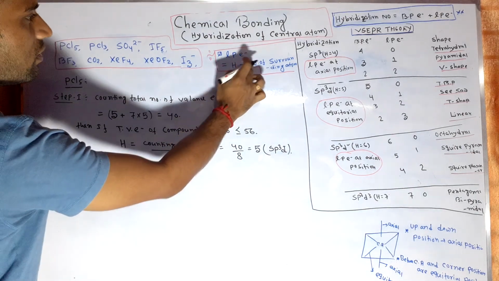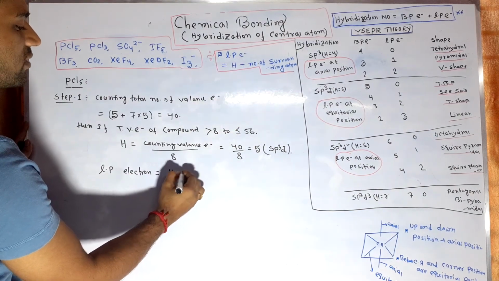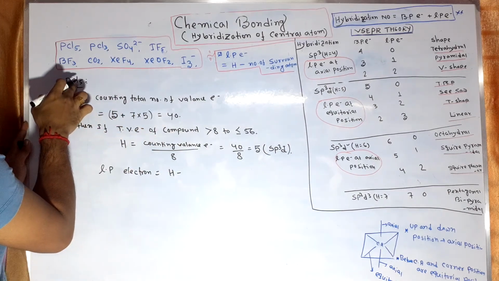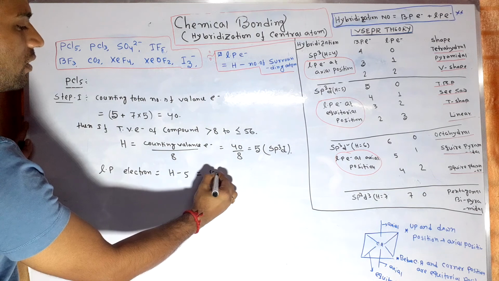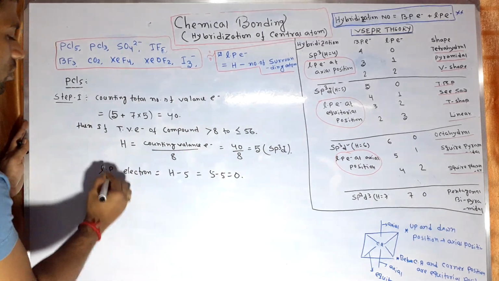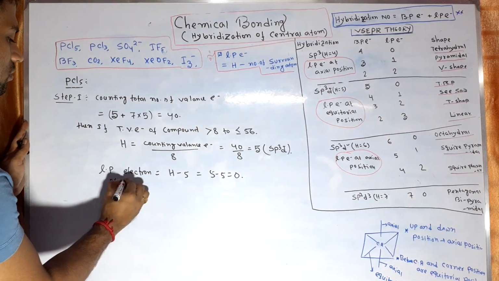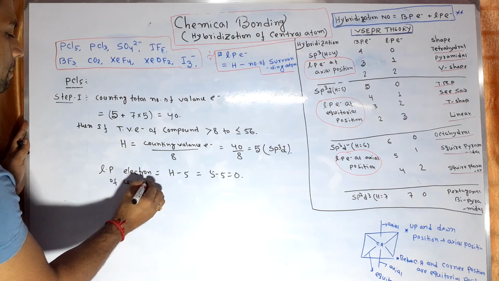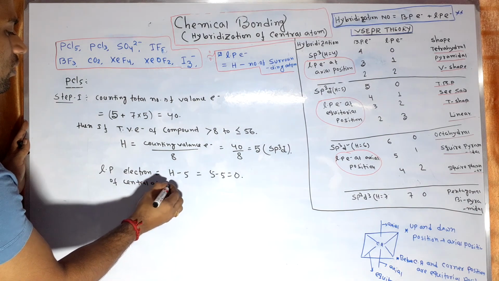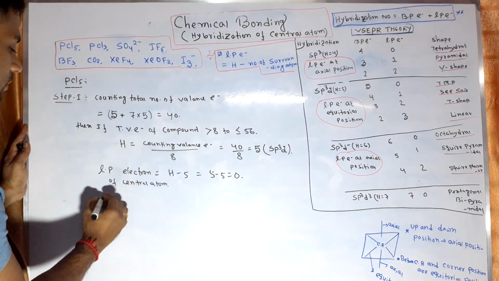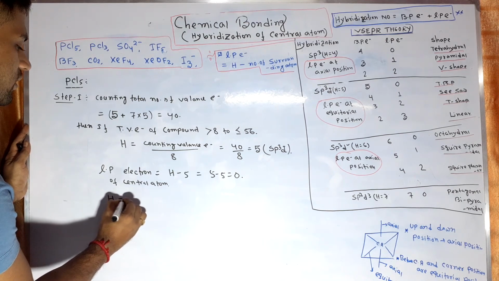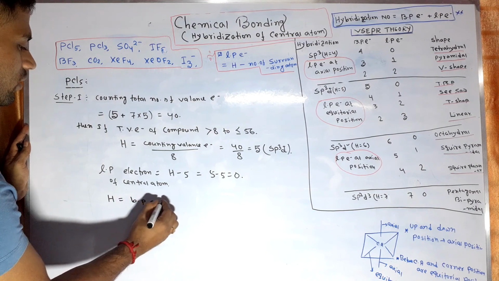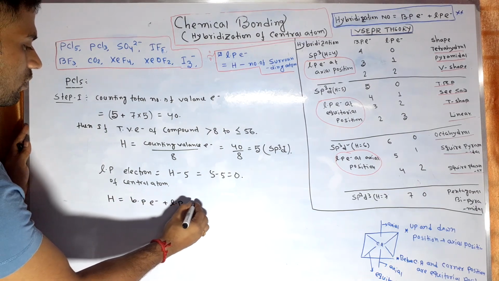Then counting lone pair electron is equal to the formula: hybridization number minus surrounding atom. The surrounding atom is chlorine, number of surrounding atoms 5, hybridization number 5. So lone pair electron of the central atom is 0. So with the few data we know that hybridization number is equal to bond pair electron plus lone pair electron.